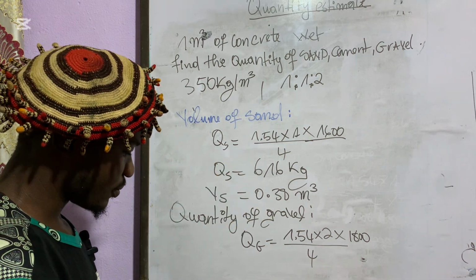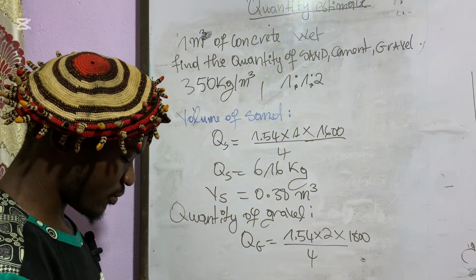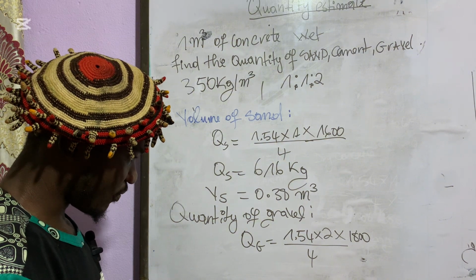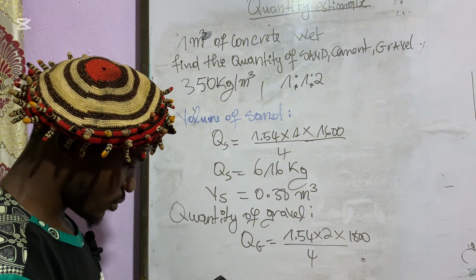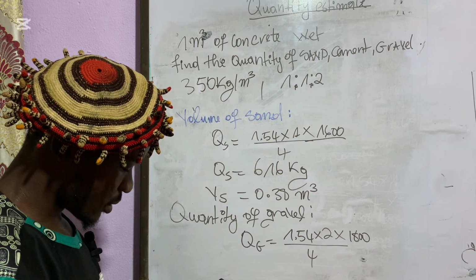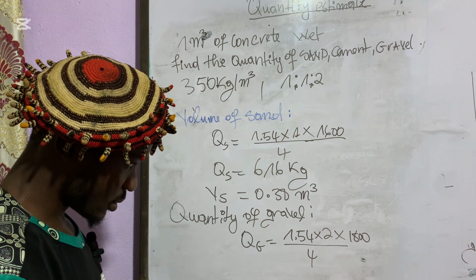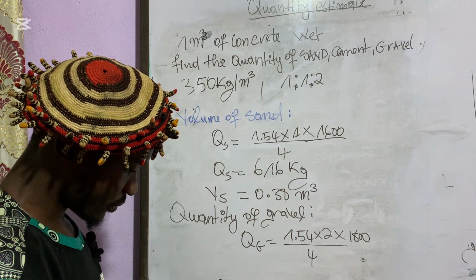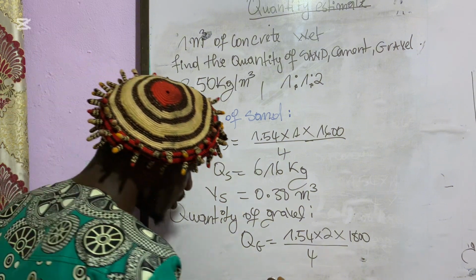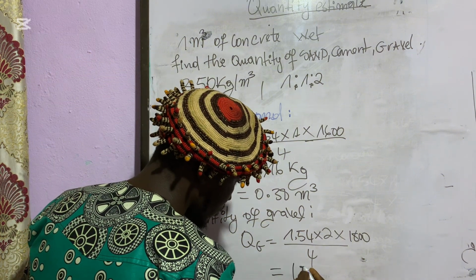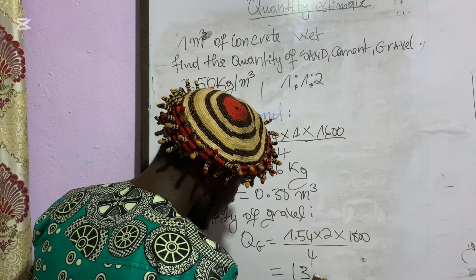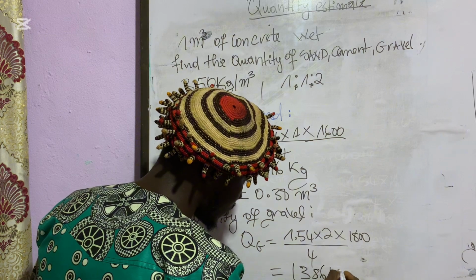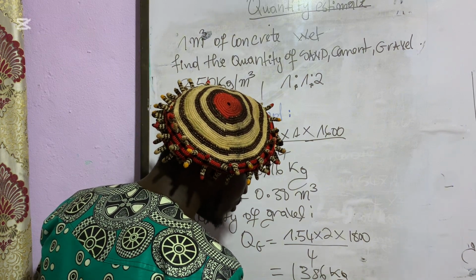So now 1.54 times 2 times 1800 divided by 4 is simply giving us 1386 kilogram. This is the value of gravel.